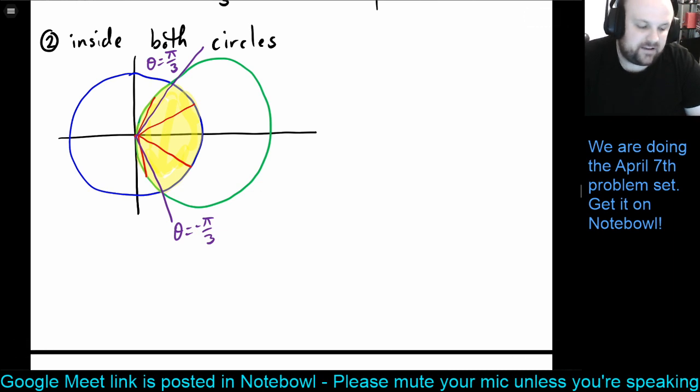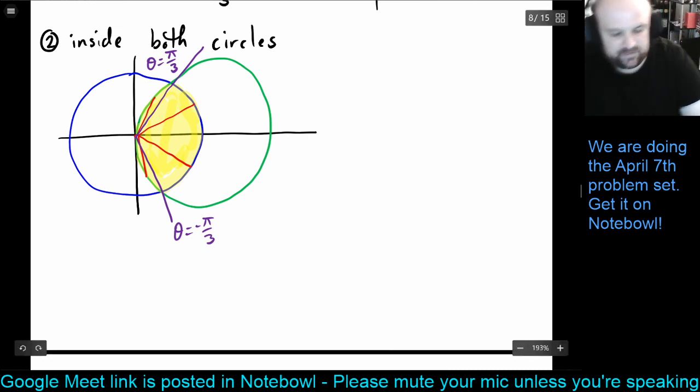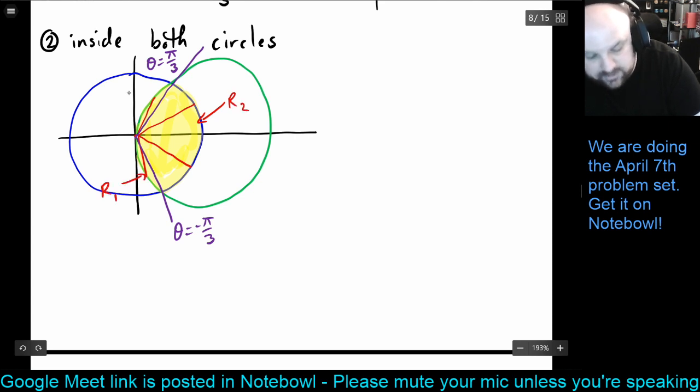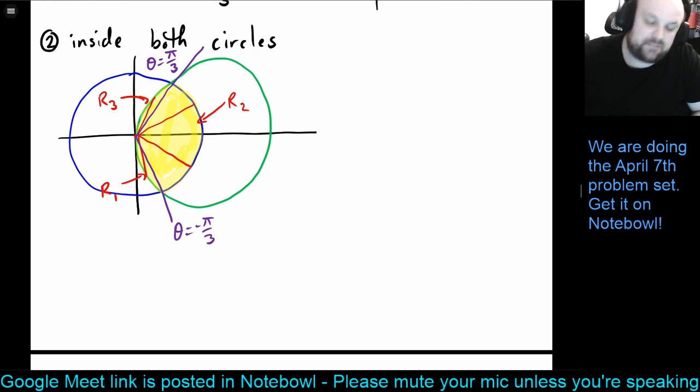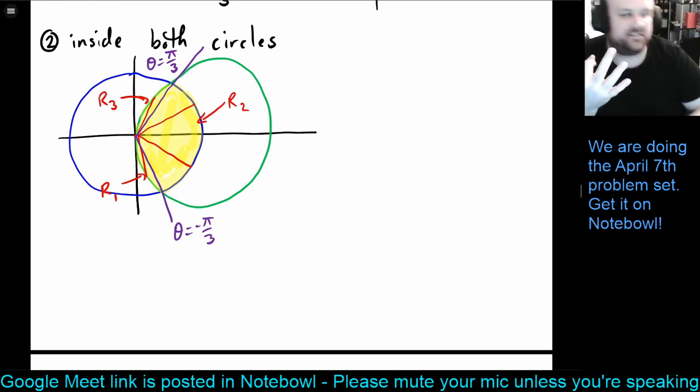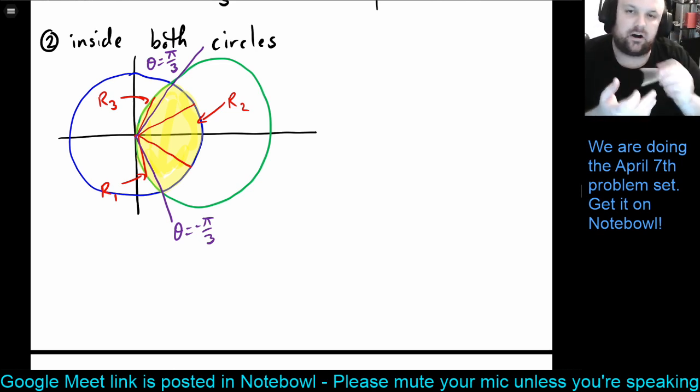So we have 3 regions here, if you think about it. This one is, I'll call it R2. Down here, this one's R1. This one's R3. So if we wanted to find that area, we actually have to break this into 3 parts, because the r values all start at 0.